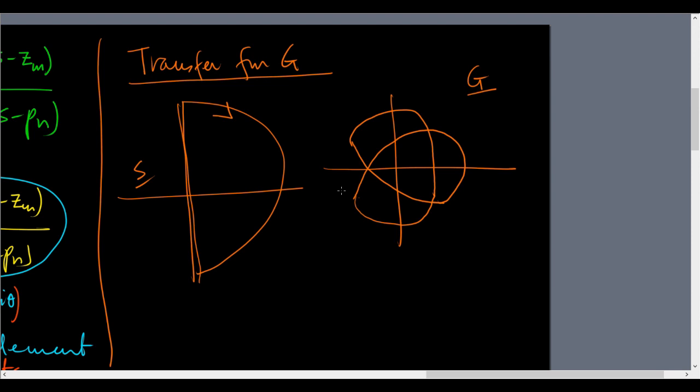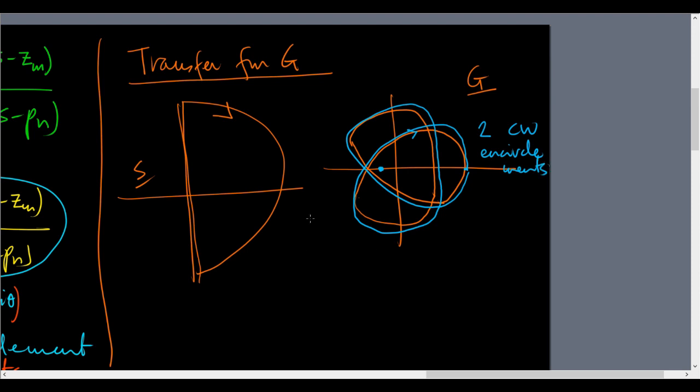And maybe the point -1 will be here, and maybe this direction is like this. So we will start at any point, we can start here, for example. So we will come here and come here, 1, 2, 2 clockwise encirclements. Okay, so this plot is called the Nyquist plot.